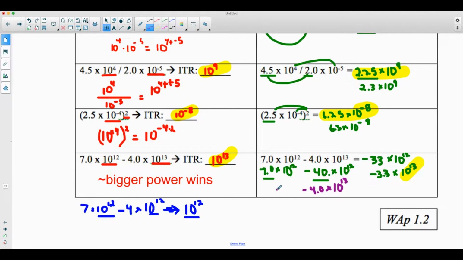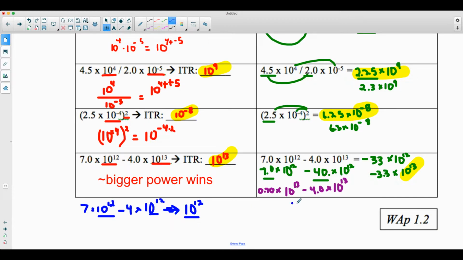And this one, to make this 10 to the 13th, well, you're now making it 1 power 10 bigger, which means you got to make this 1 power 10 smaller. 0.70, keep those two sig figs, and that would come out to, of course, exactly negative 4 and 0.7 comes out to negative 3.3. Same thing again. There it goes.